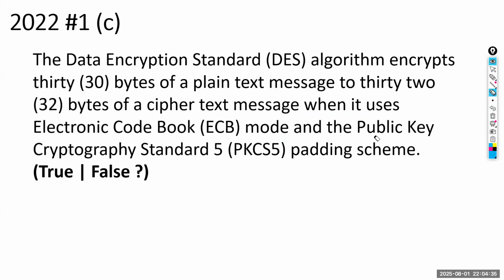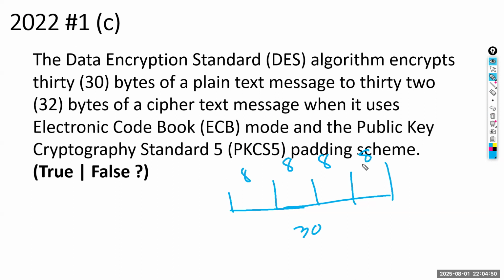Now you have 30 byte, okay? So therefore you break it into 8 bytes: 8, 16, 24. This is your last one, because every block must be 8 byte. But you have only 30 byte, and remember it will ultimately be 32 byte because your block size is 8.